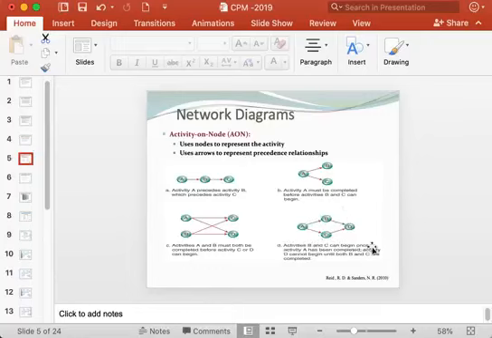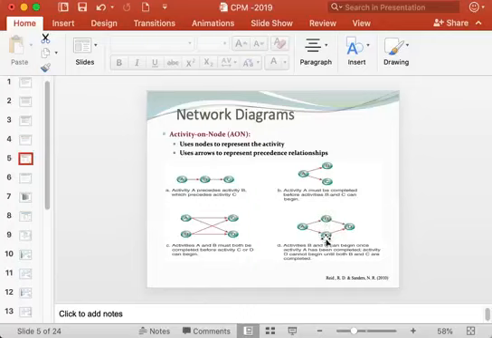In this example, you can see that after completing activity A, you can start activity B and C at the same time. So you can see this activity B and C are parallel activities. Okay.